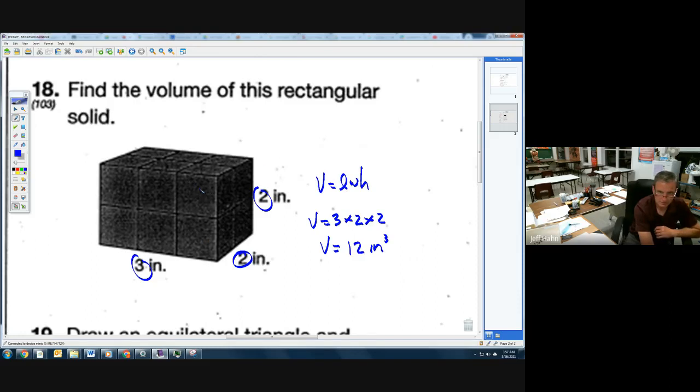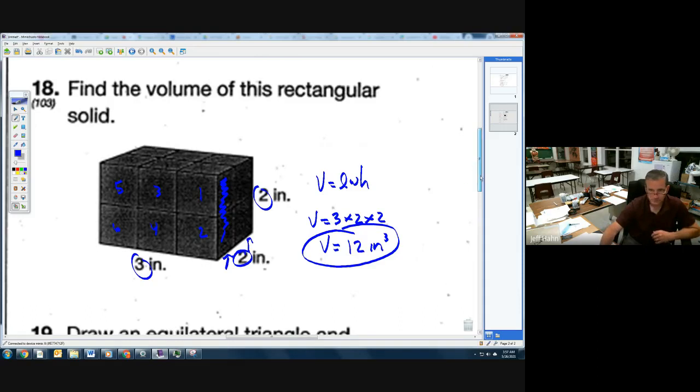Here's cube 1, cube 2, cube 3, cube 4, cube 5, cube 6. That gives you this front row of cubes. So there's 6 cubes there, 6 cubes in that row, and then another 6 cubes in a row right behind it, giving you 12 inches cubed.